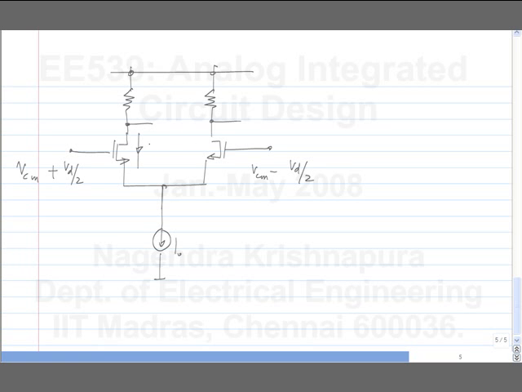Let me call this I1, I2, and maybe this voltage is Vx. Okay. So we know that the sum of these two currents, I1 and I2, is I0. So we just write the equations.